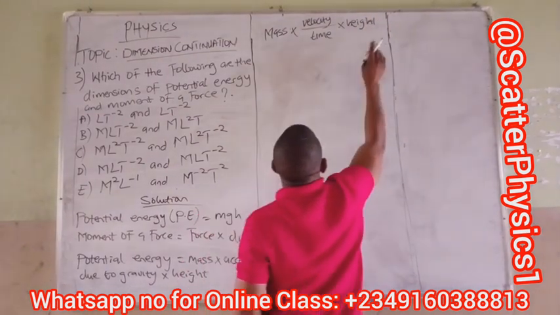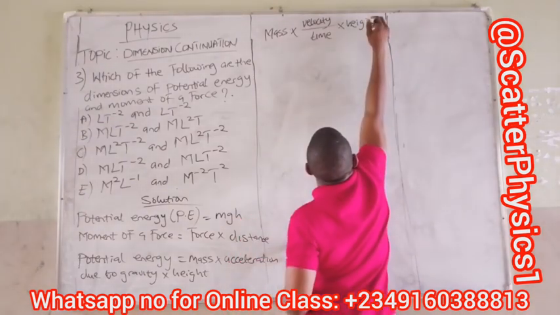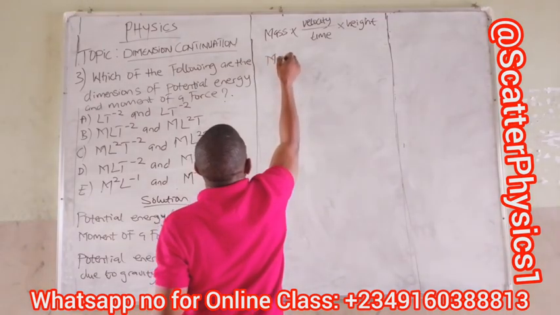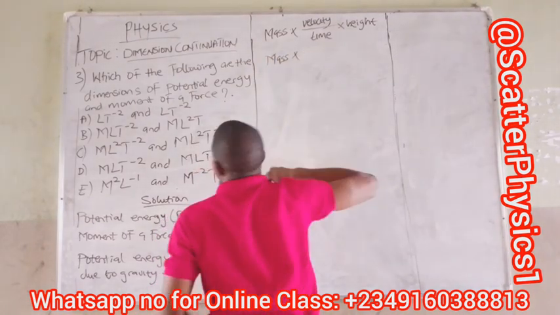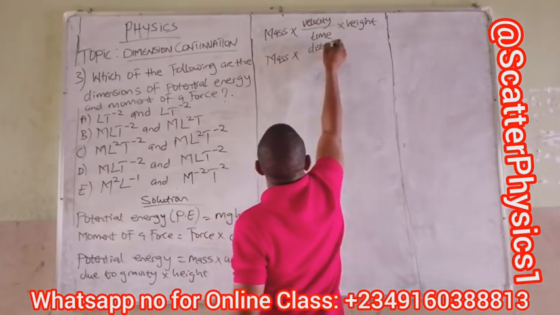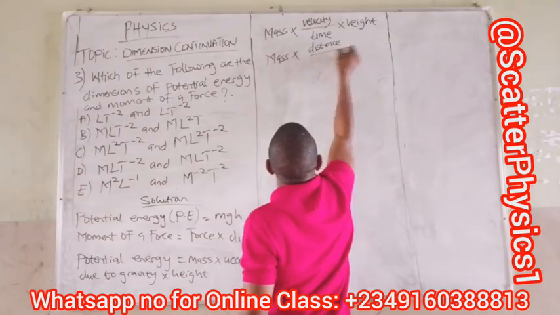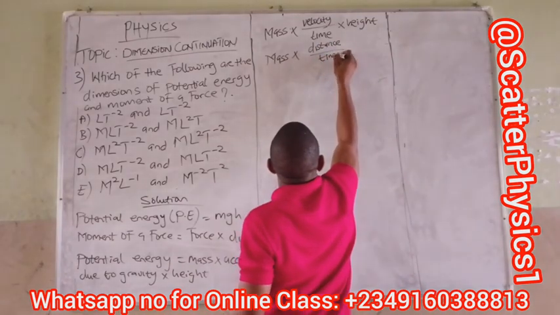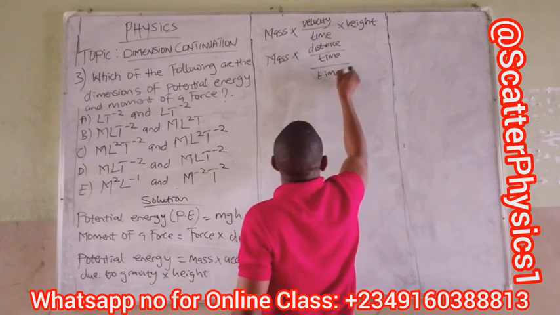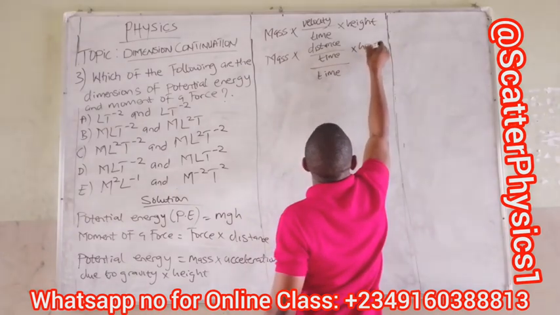We come again. We have mass times, the formula for velocity is distance over time, over this time that we have, times height.